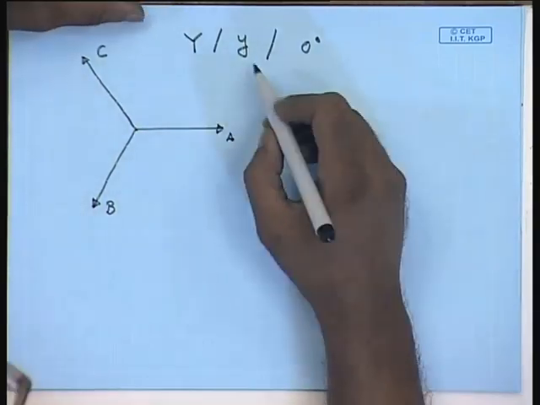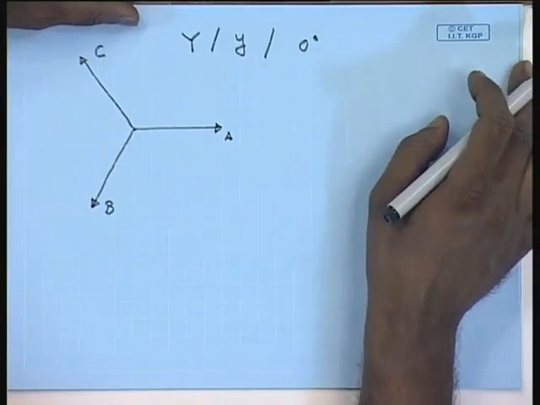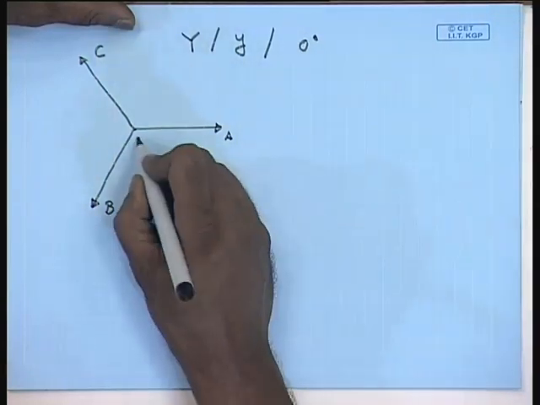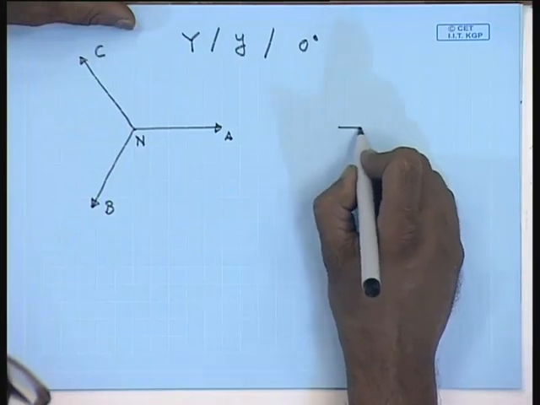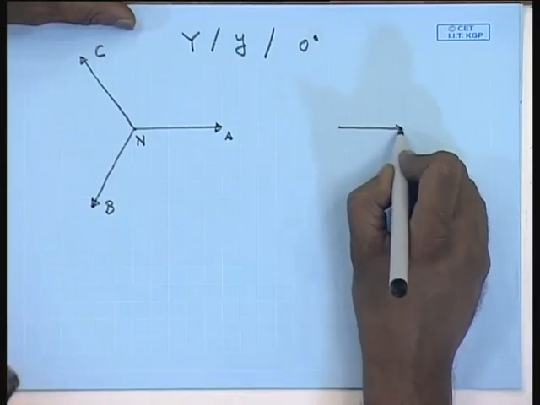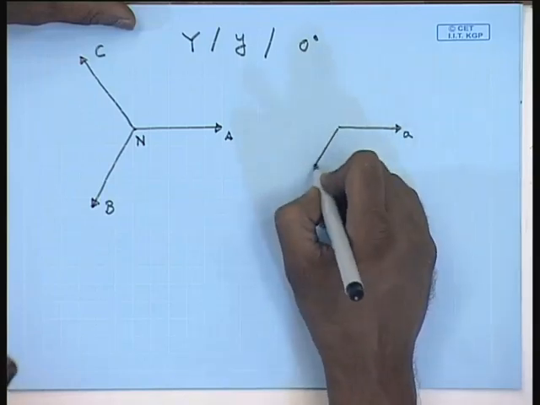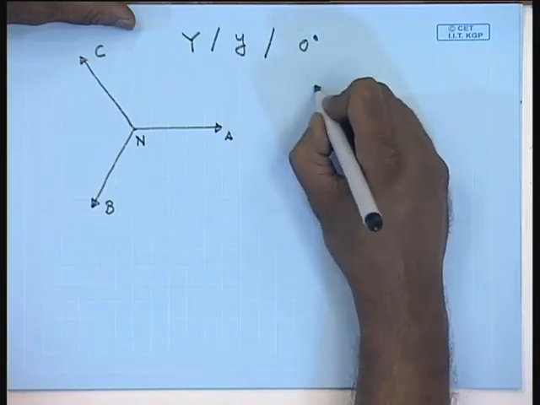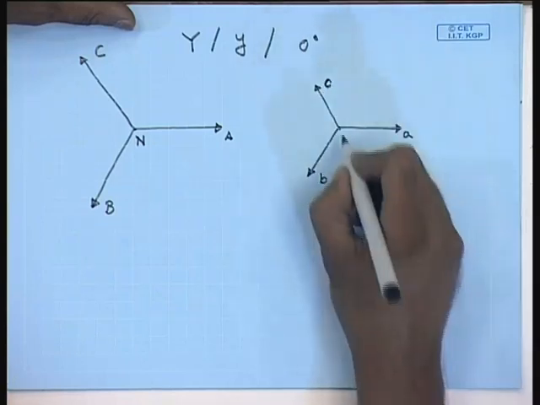The phase group says that the line to neutral voltage of the low voltage side will be co-phasor to the line to neutral voltage of the high voltage side. Therefore, if this is the neutral, then on the low voltage side, this will be phase A, this will be phase B, this will be phase C, and this will be the neutral.